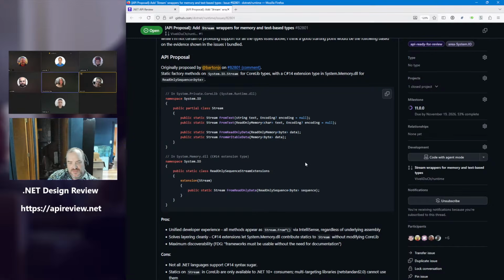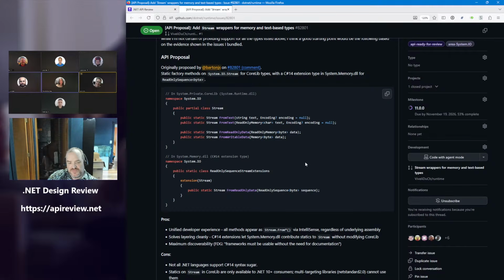As mentioned before, this was previously discussed in API review in March 2023, and the review board's feedback was first not to do it as a factory on a different assembly, because of the sacrifices on discoverability, usability, and consistency for implementation flexibility.